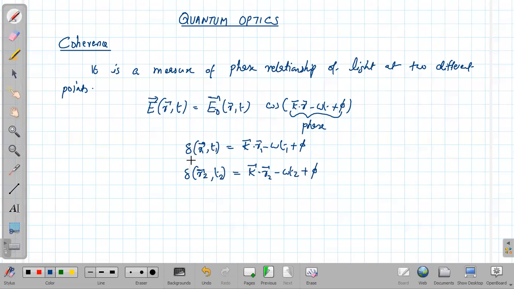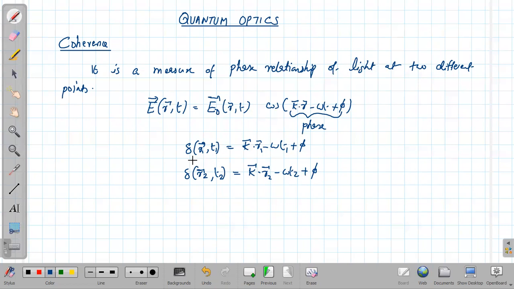If there is any relationship between delta of r1 t1 and delta of r2 t2, then we say it is coherent. These values may be equal, or the difference may be some constant. If there is any relationship between these two deltas, then technically we say these two points are coherent.